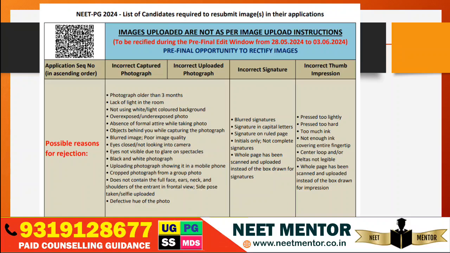Blurred image, poor quality image, eyes closed, not looking into the camera, eyes not visible due to glare or specs. Black and white photograph instead of color, uploading a photograph that shows it was taken on a mobile phone, showing your mobile phone and uploading the photo, that should not be the way. How you should upload the photo is already explained in the brochure. You can go and check there.